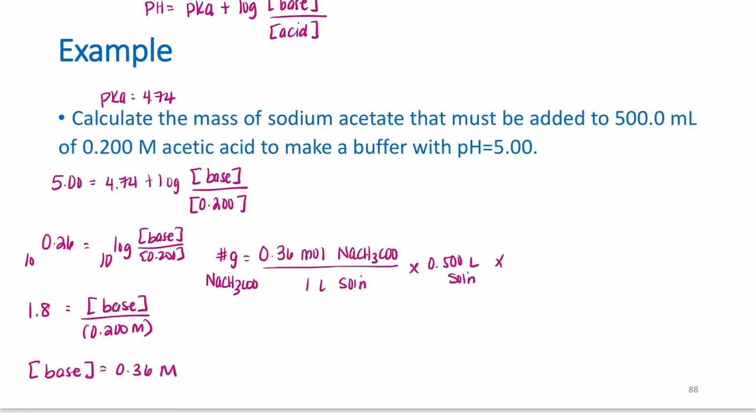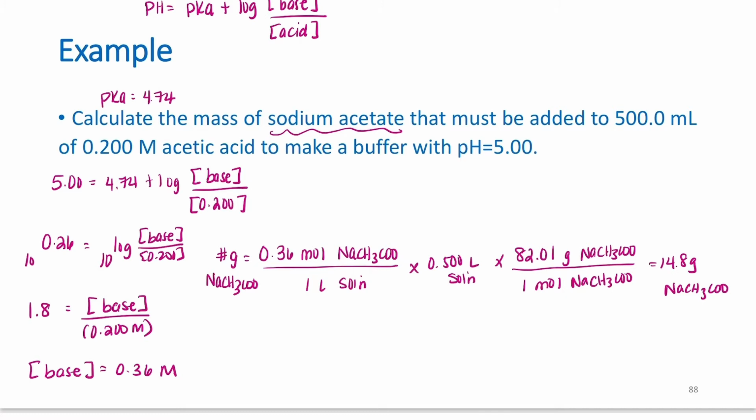Add up the molar mass of sodium acetate, not just acetate. Don't forget the sodium in there. We need the sodium. I can't just measure out acetate ions in the lab. I have to measure out sodium acetate. 82.01 grams to 1 mole of sodium acetate. 14.8 grams of sodium acetate.